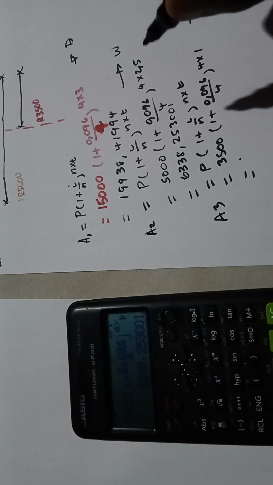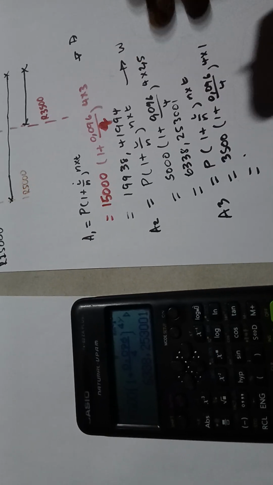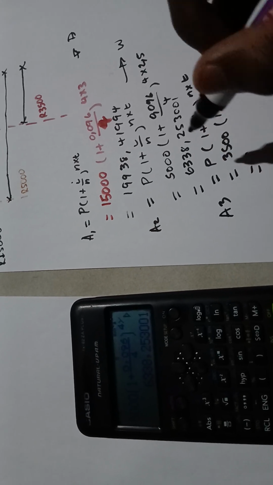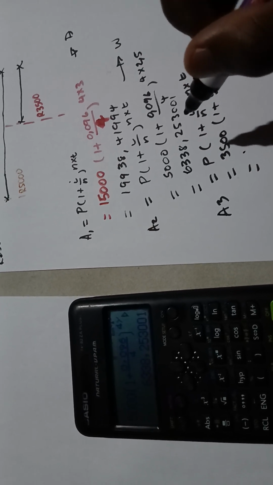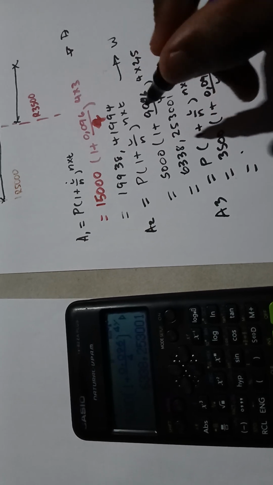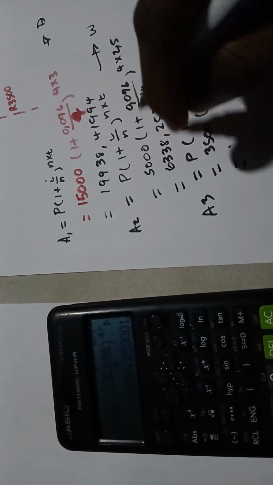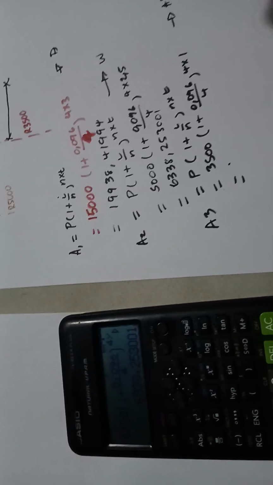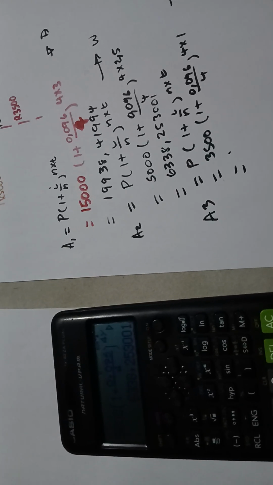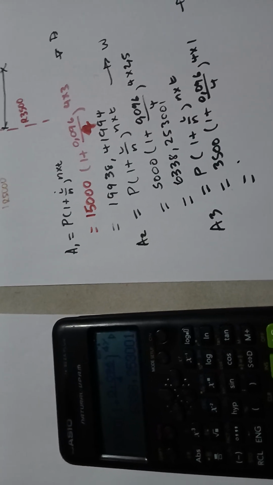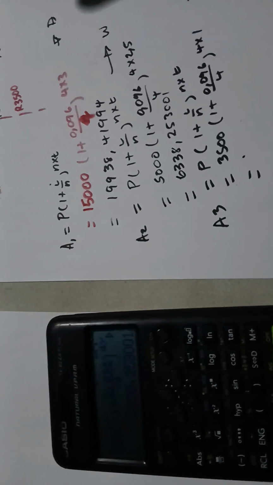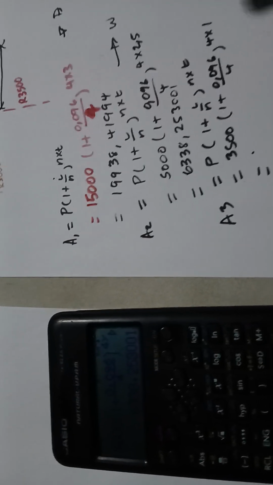So remember, this means that instead of this person getting 6,338, now he withdrew the money, which means he forfeited getting this interest. Remember that when we take out or withdraw money, we affect the interest that we would have gotten at the end of the financial period. Ne?